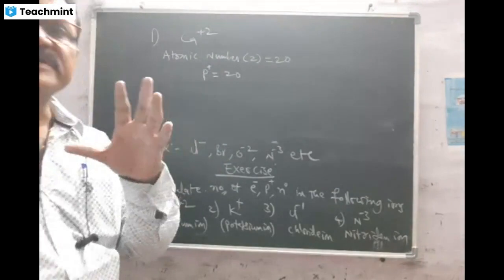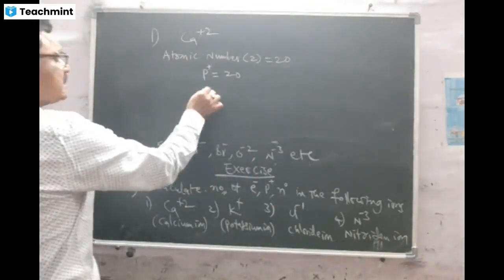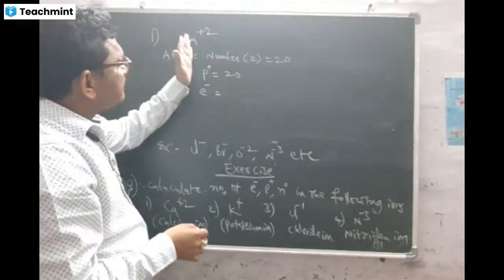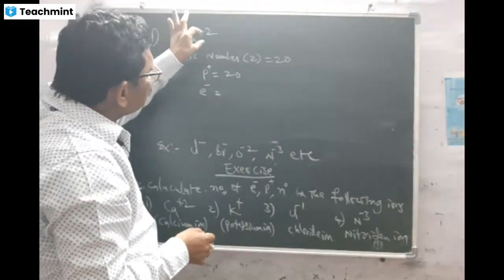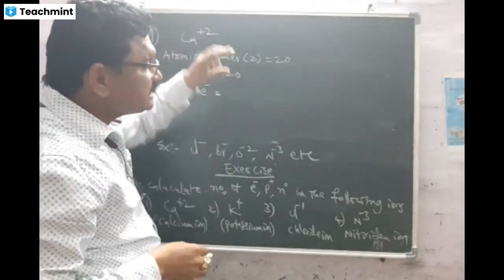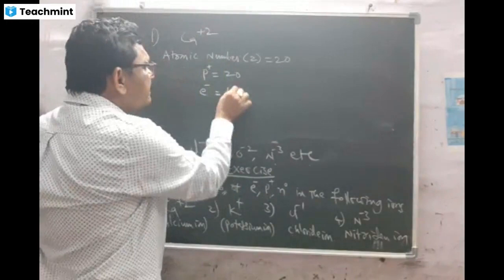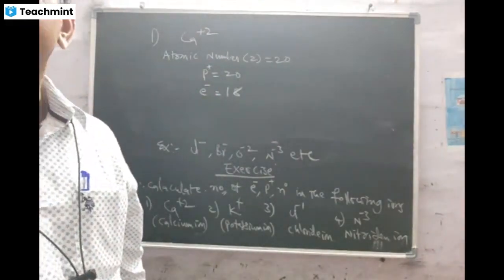So atomic number Z is equal to protons, 20. How many electrons are there? This metal loses 2 electrons, that means a decrease of 2 electrons. That means how many electrons? 18, isn't it?